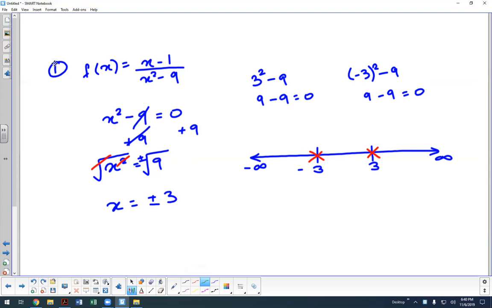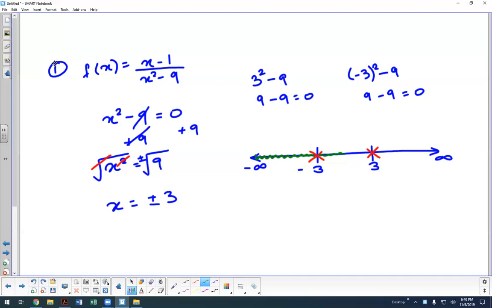Negative infinity, -3, parentheses, union, -3, 3, parentheses, union, 3, comma infinity. Okay, so if you're using brackets, that means you're including, or not including, parentheses, yeah. So except -3 and 3, everything else is okay. I can use all numbers between -∞ and -3.